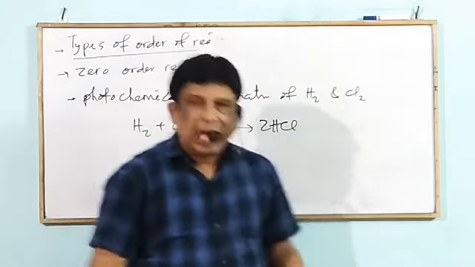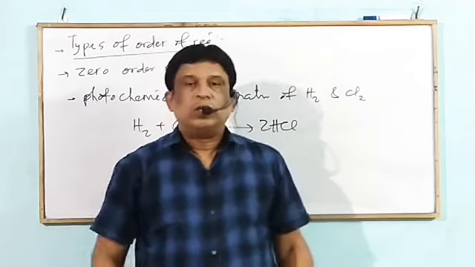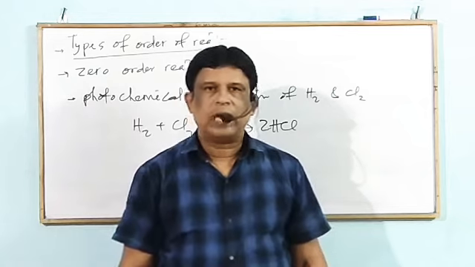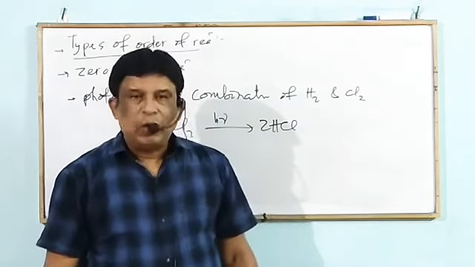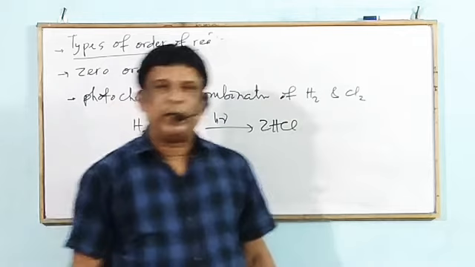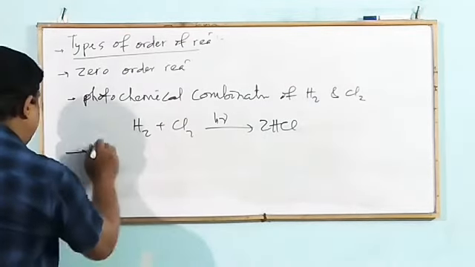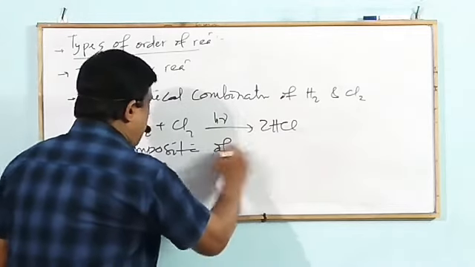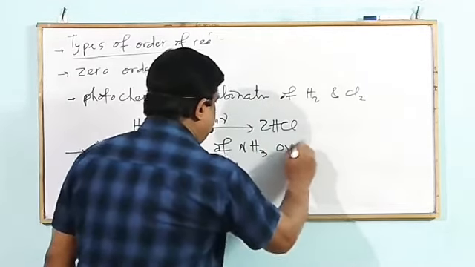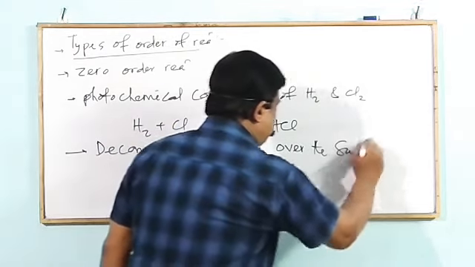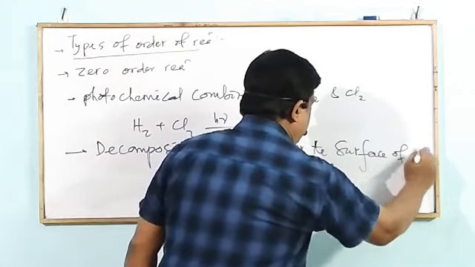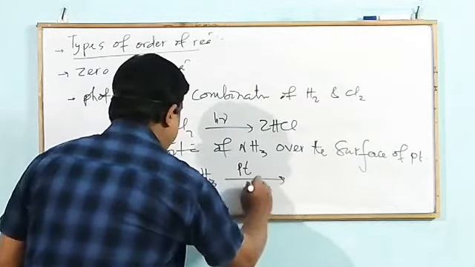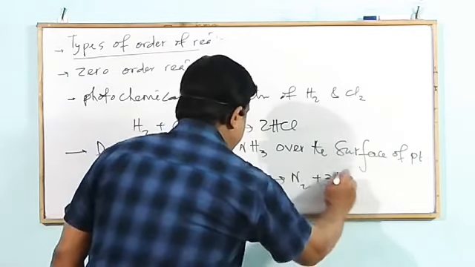I repeat again, it is a type of reaction in which the molar concentration of reactant does not affect the rate of reaction. Another example: decomposition of ammonia over the surface of platinum, 2NH3 over platinum, heat, gives N2 plus 3H2.